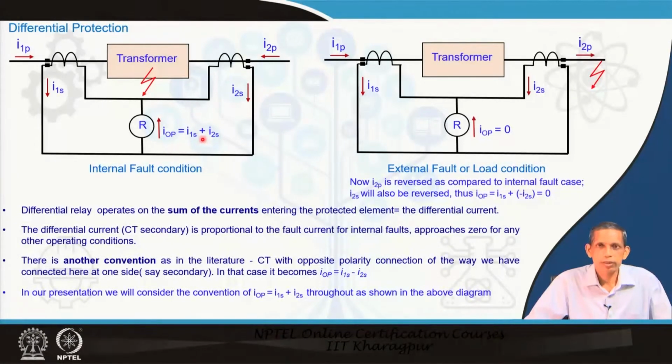Many books and literature go for that kind of approach, but that does not conflict with the protection philosophy in general. However, the approach which we have described here we will follow throughout, that is, I operating equals I1s plus I2s.